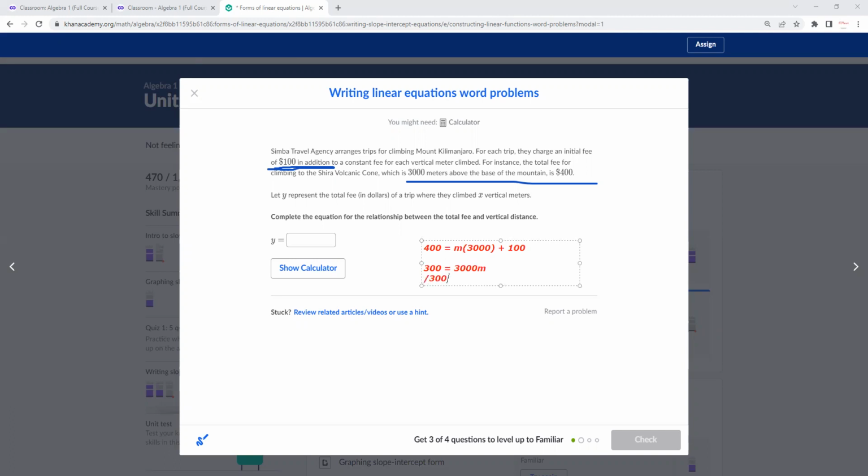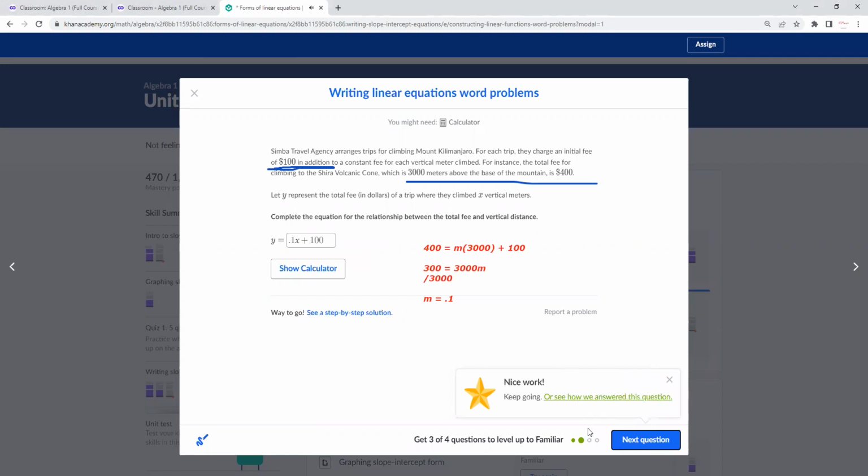Divide both sides by 3,000, and you get m equals 0.1. So that's your slope. So it looks like the rate is 0.1 per vertical meter. Okay, so 0.1x. The initial fee was $100.